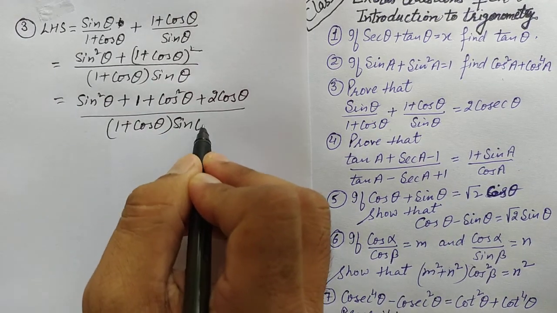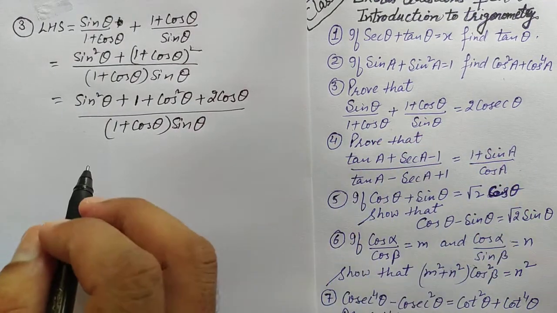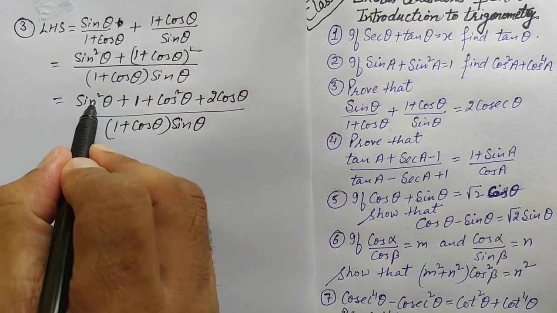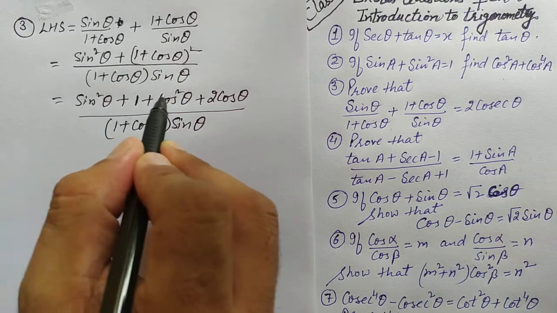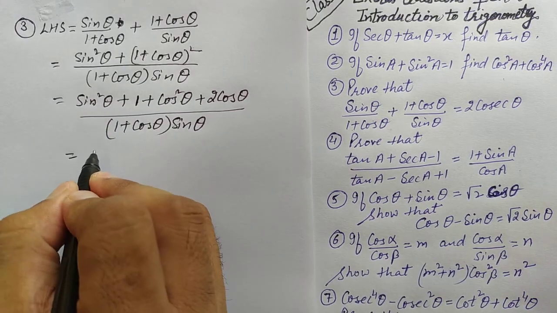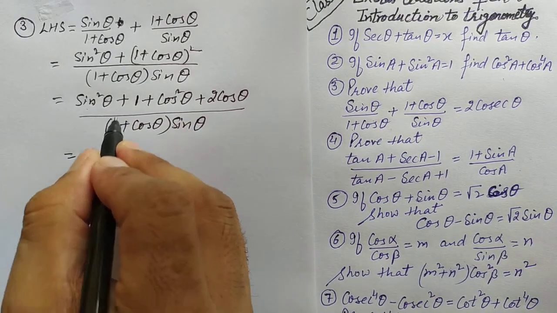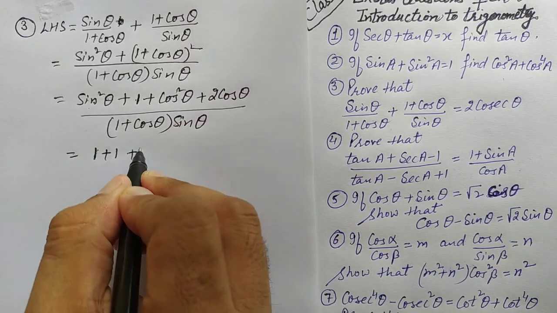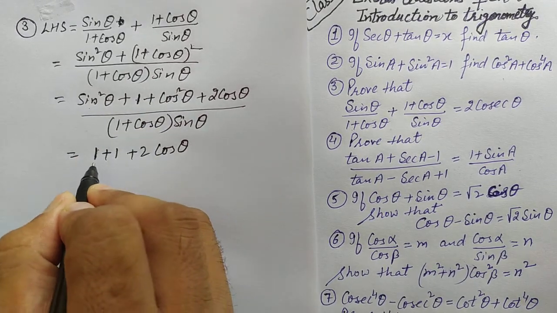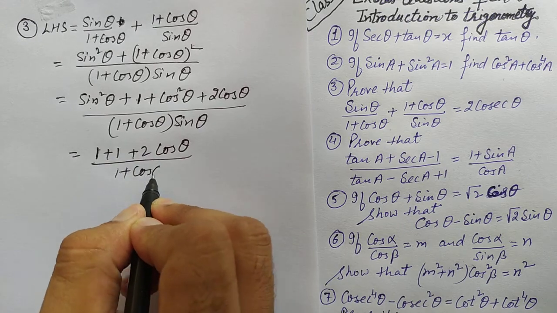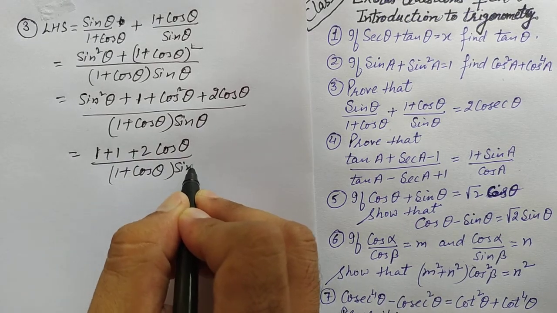So let's see, we have to bring the answer as 2 cosecant theta. So see here, sin square theta plus cos square theta, we can write these two as 1. We know sin square theta plus cos square theta is 1, and plus this one plus 2 cos theta over 1 plus cos theta into sin theta, right?